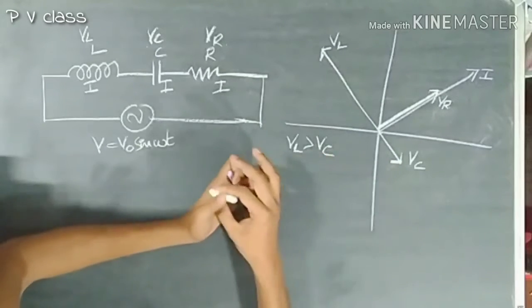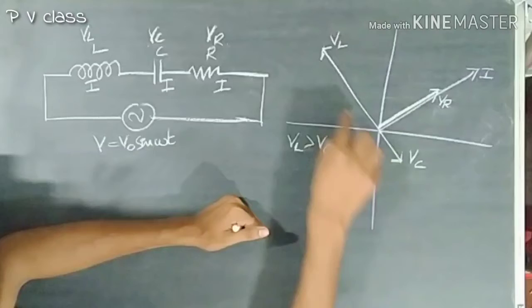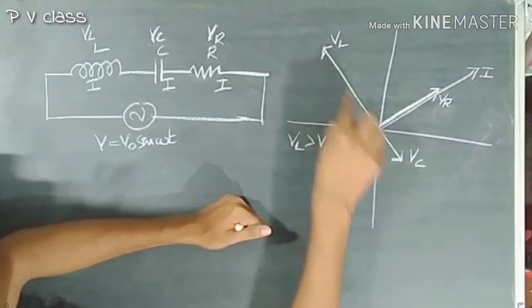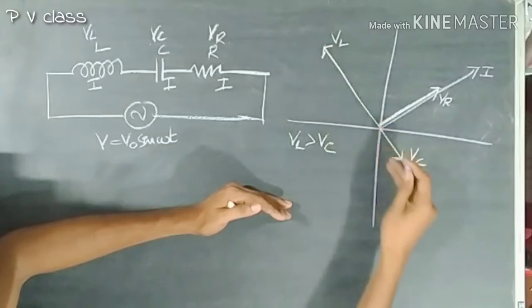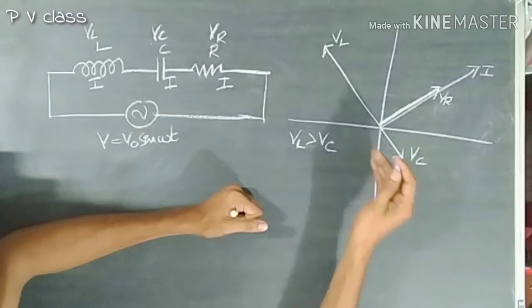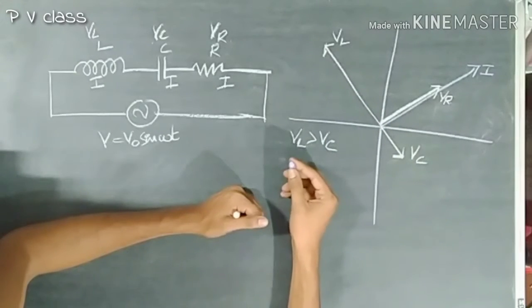If this is the situation, let's initially solve the vector sum of VL and VC. If VL is like this, VC is like this, then what is the net sum of VL and VC? Will it be in the direction of VC or in the direction of VL? It will be definitely in the direction of VL.